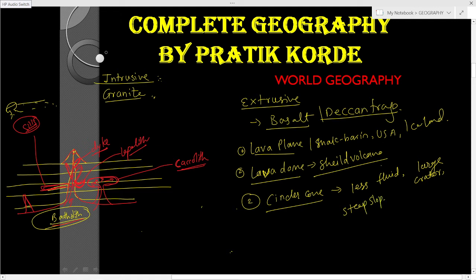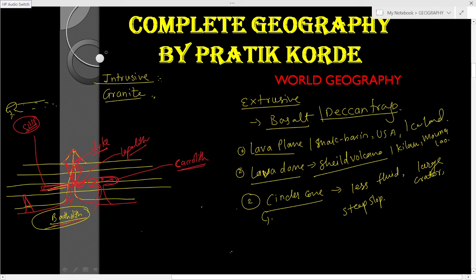As far as lava dome is concerned, the examples are Kilauea and Mauna Loa. And as far as cinder cones are concerned, there are various examples.